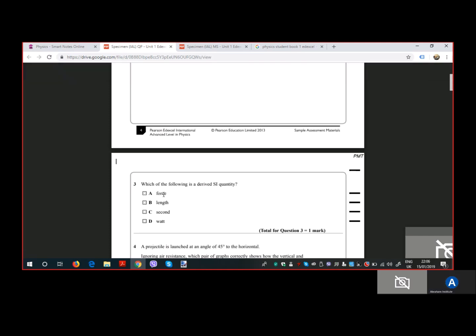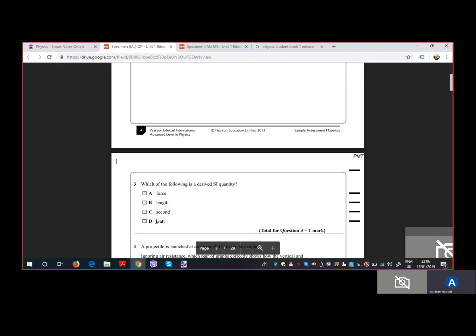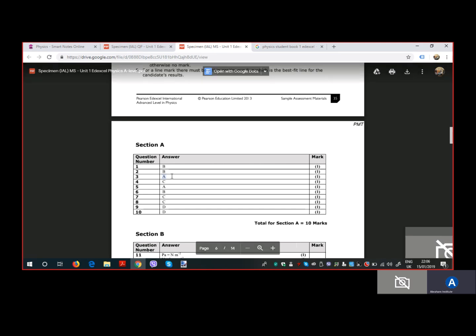All the others except those 6 or 7 quantities are derived. Same thing with their units. So the quantities and their units, except those, all the others are derived. If the student didn't read the question carefully, they would not see this word quantity. They might think it is a unit and then they might choose this one. So the third answer is A. Force.